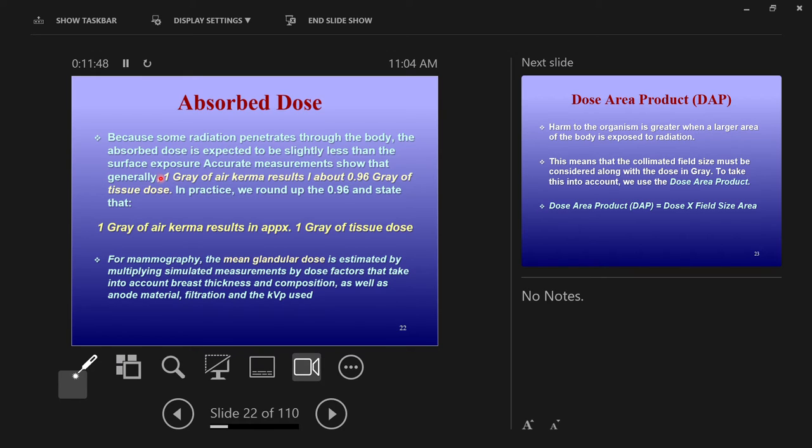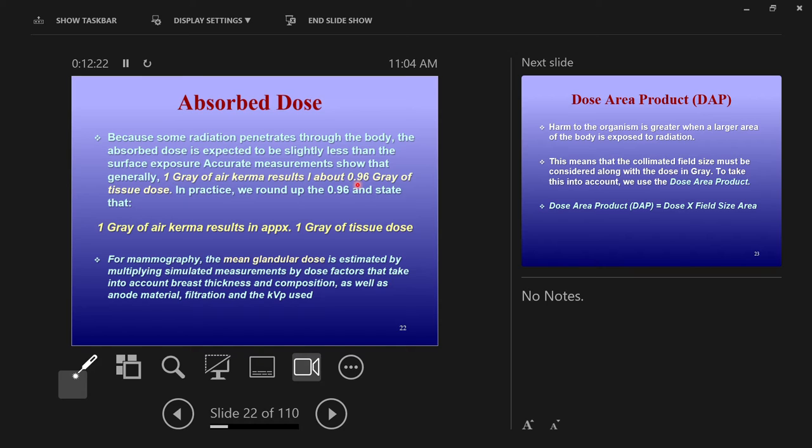Roughly speaking, 1 gray of exposure, also known as air kerma, 1 gray of air kerma is about 0.96 gray of tissue dose. Roughly, you absorb 96% of what you're exposed to. However, you can approximate 1 gray of exposure is roughly 1 gray of tissue dose, because they're almost the same, right? 96% of something is almost the whole thing, right?